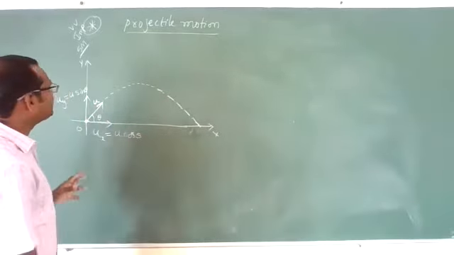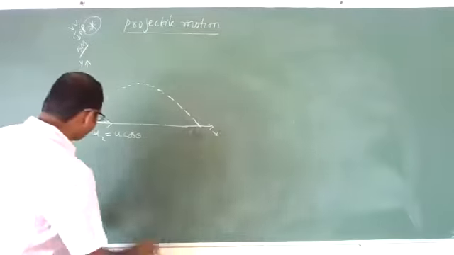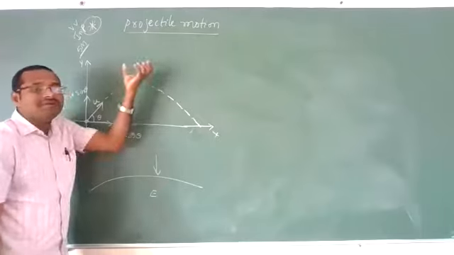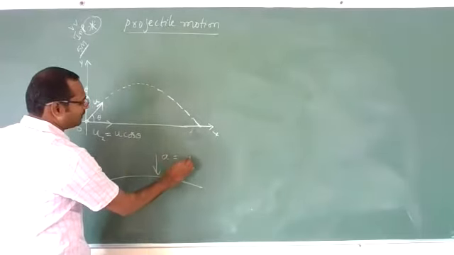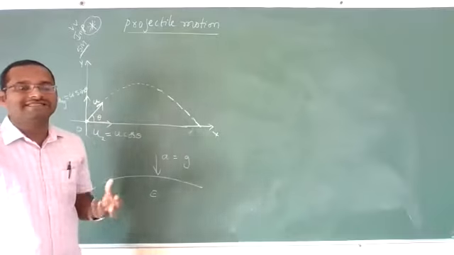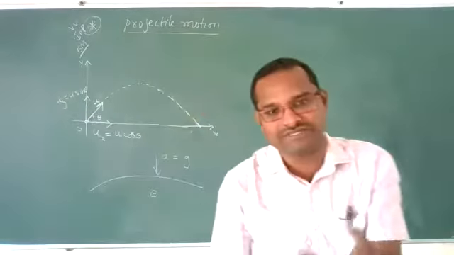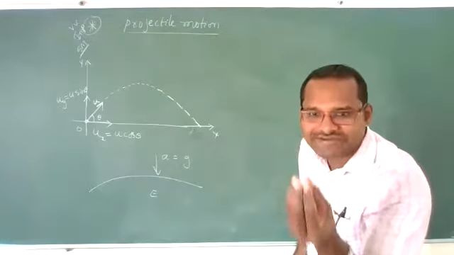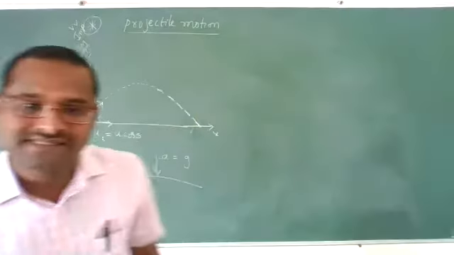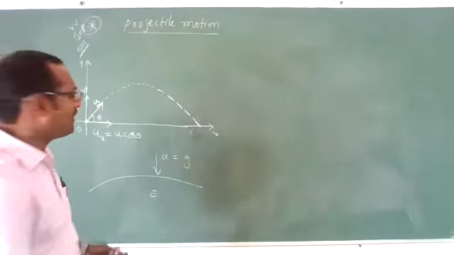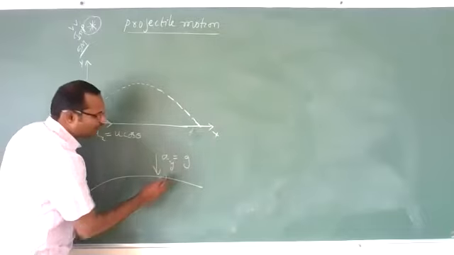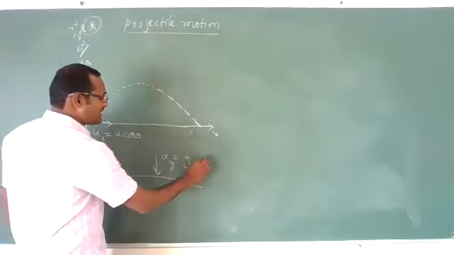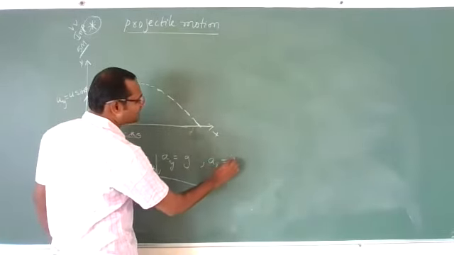Now, the earth is downside, and it exerts acceleration in the downward direction. The acceleration due to gravity, g, always acts downward. So vertically there is acceleration ay due to gravity, whereas along the x-axis the acceleration will be 0.